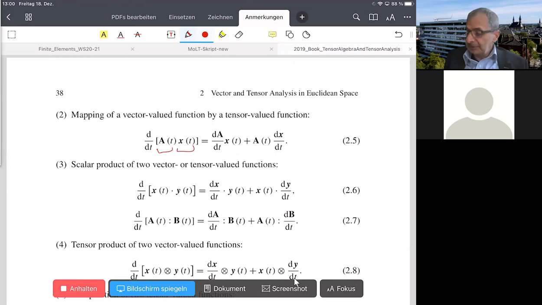And if you take the derivative, then we again apply this product rule of differentiation. We map x by the derivative of A with respect to t, plus mapping of the derivative of x by the original tensor A, right?